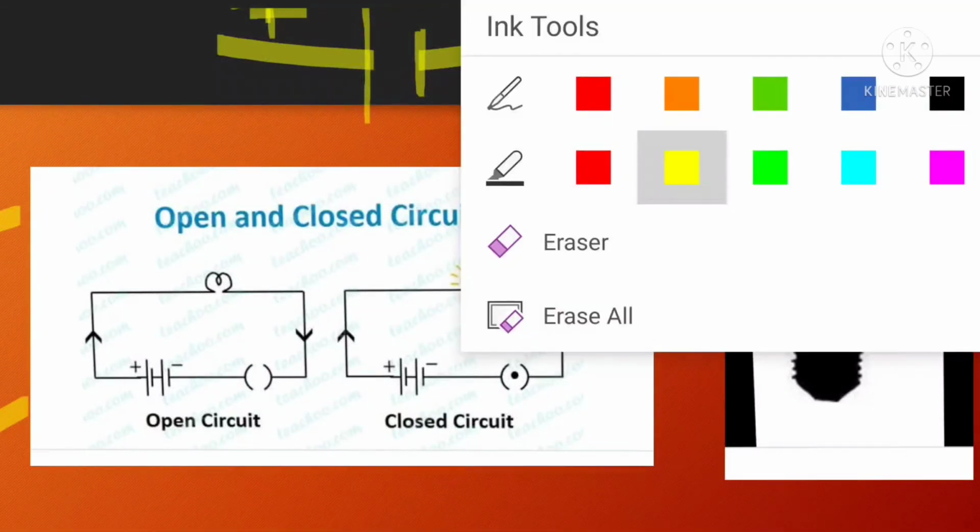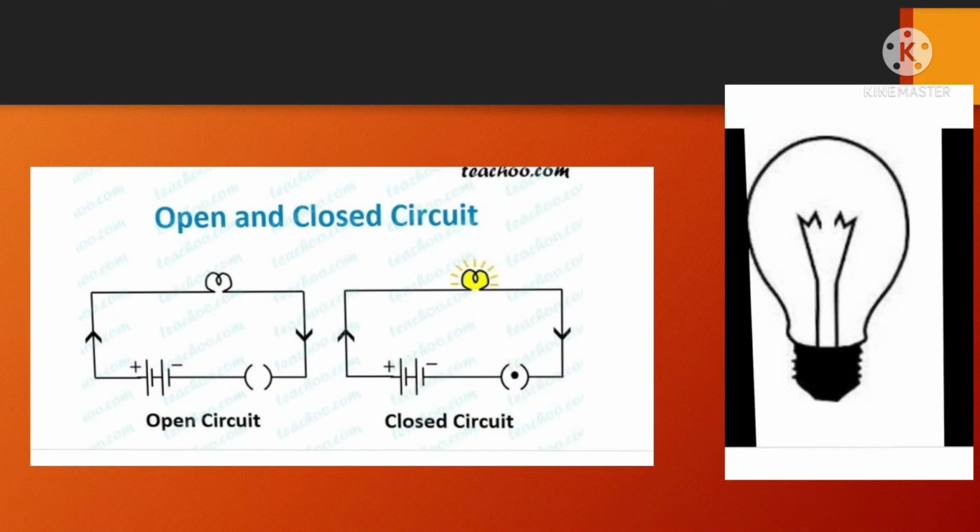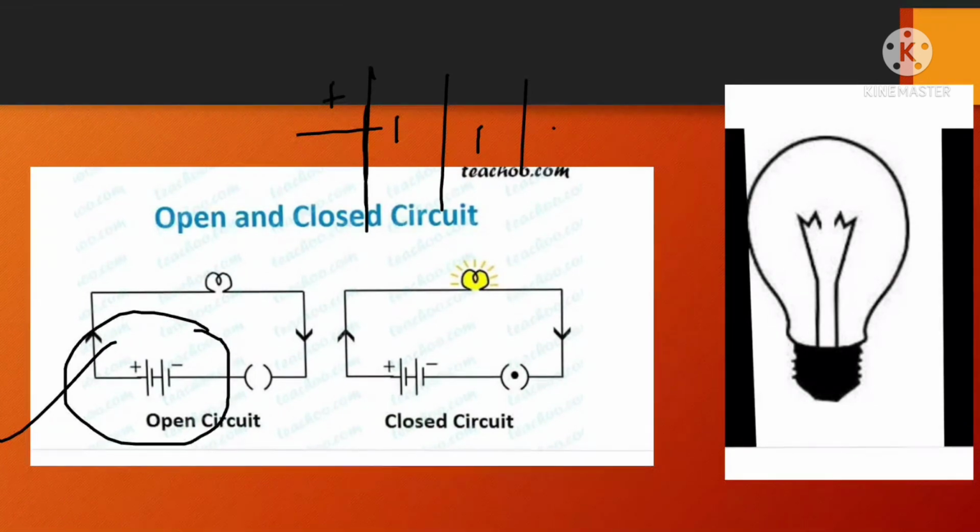But children, when a cell is like this, one positive, then a small, then one positive, then a small, one positive, then a small, this shows that it is a battery because battery is a combination of cells.